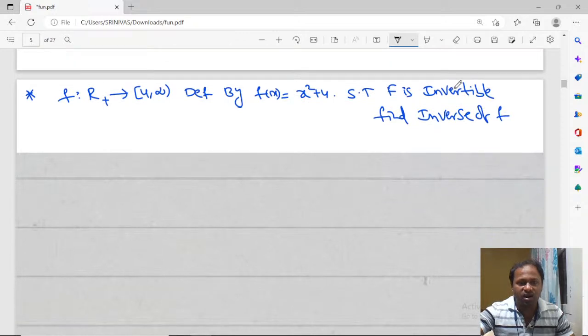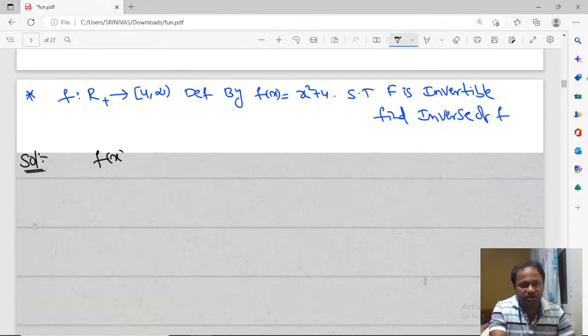Now I will do the last problem in this, which will be important for 5 marks. So f(x) is given as x² + 4.